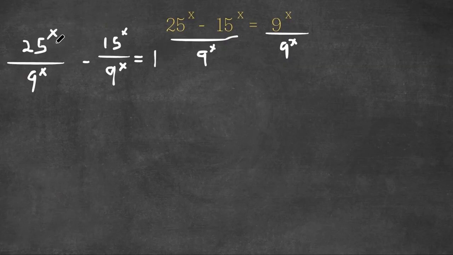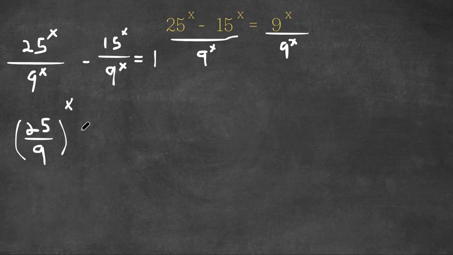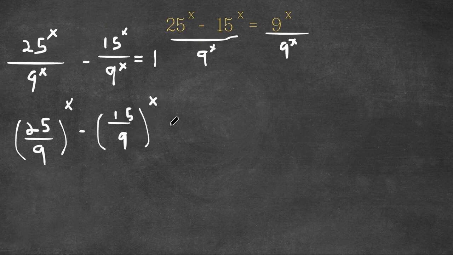Now 25 to the power of x over 9 to the power of x is the same thing as 25 over 9 to the power of x. And same thing with 15 over 9. This is the same thing as 15 over 9 to the power of x. So now this is equal to 1.